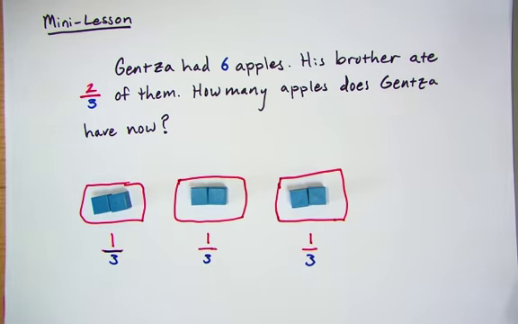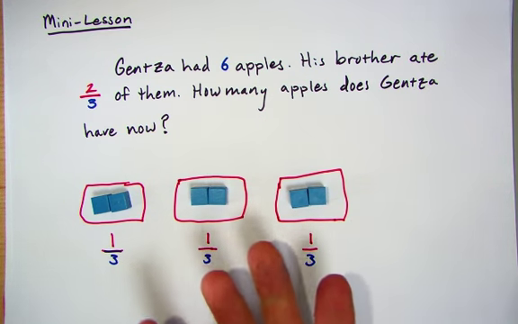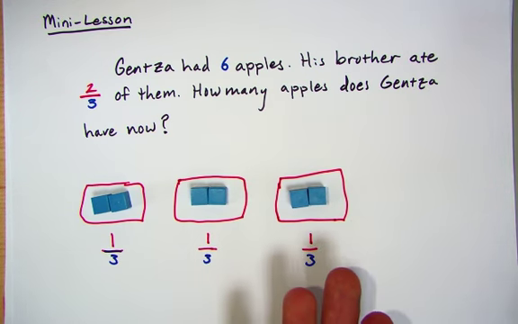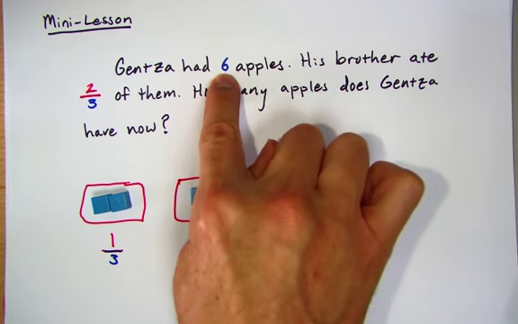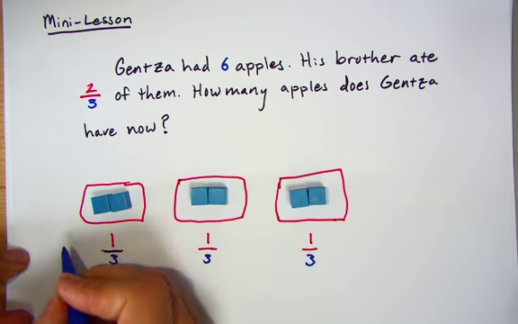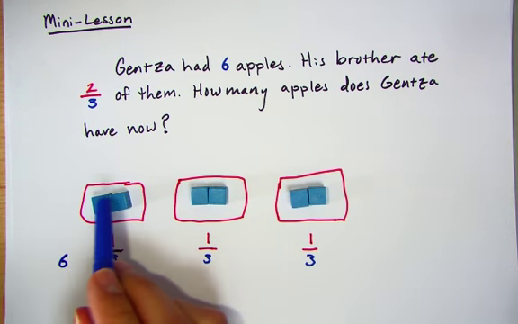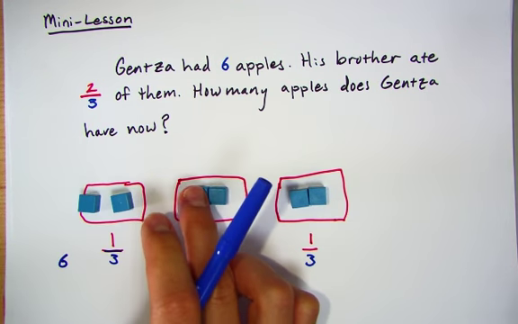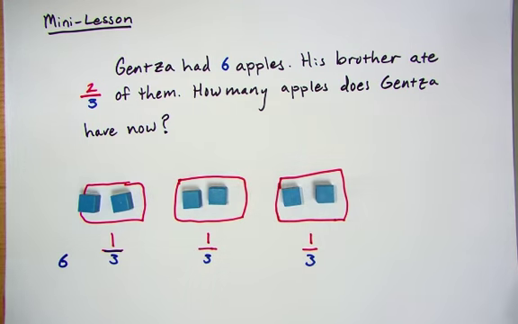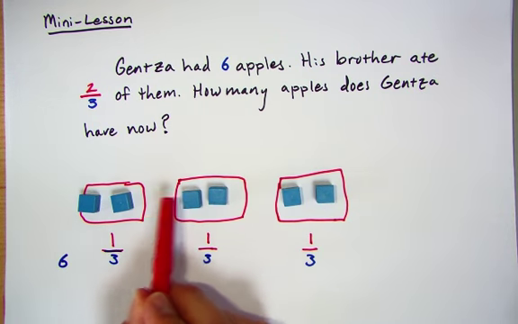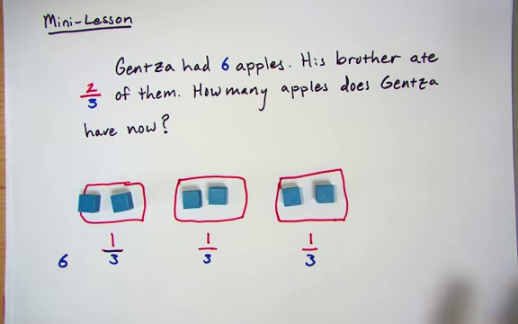Okay, now you're probably wondering, what is the equivalent fraction to 1/3? Well, actually, you already know. If we use this 6 as a denominator, because there were 6 total apples, let me spread these out really quick. I see that I have 6 total apples. I still have those 6 total apples.